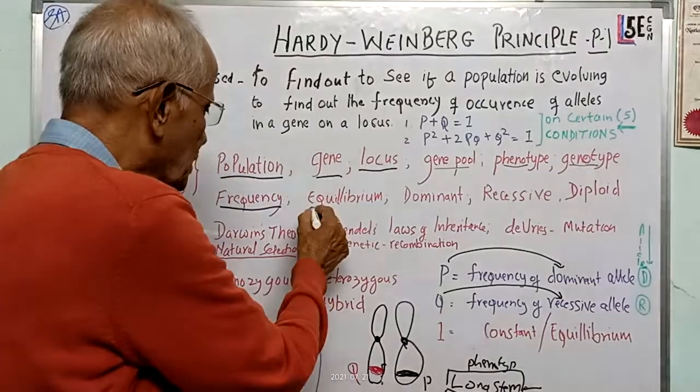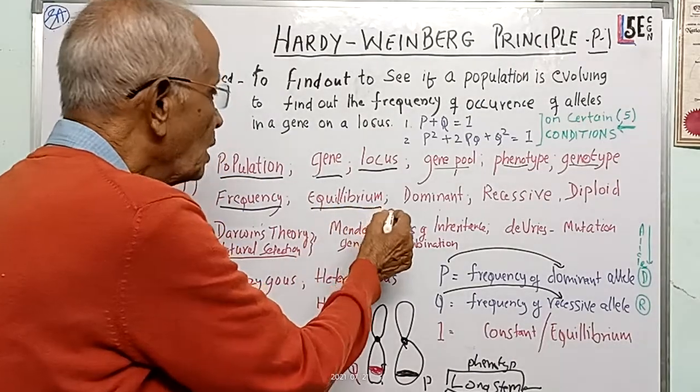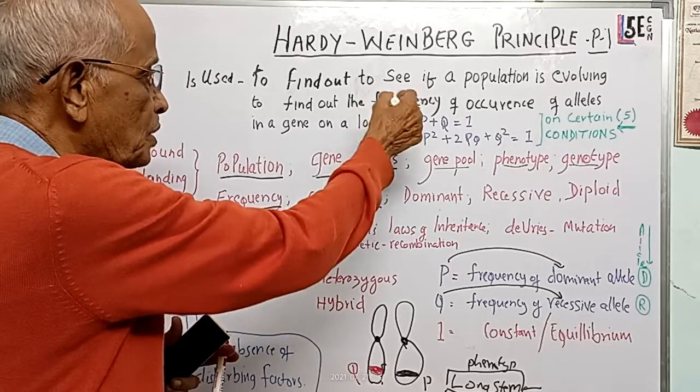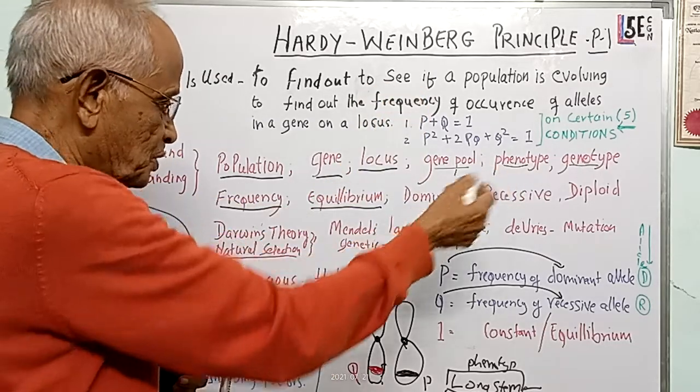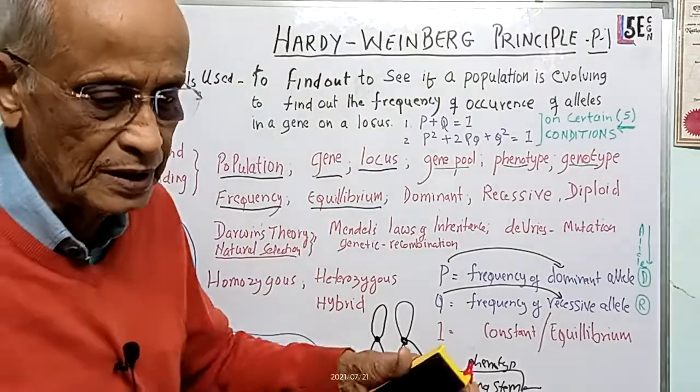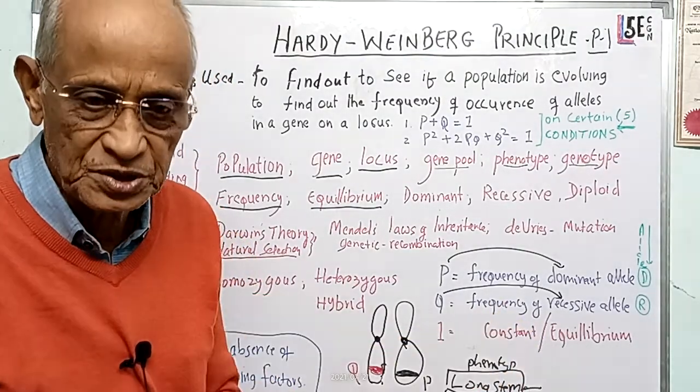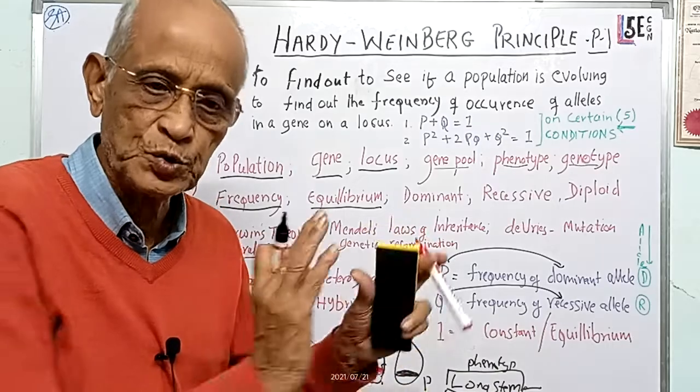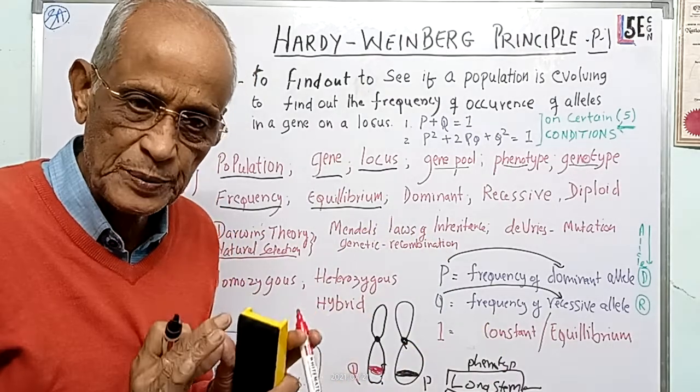The word equilibrium, which we are going to learn a little more in detail tomorrow or in the next session. Equilibrium talks about stability, no change, no disturbance. If it is one, it is one. That's called the equilibrium.